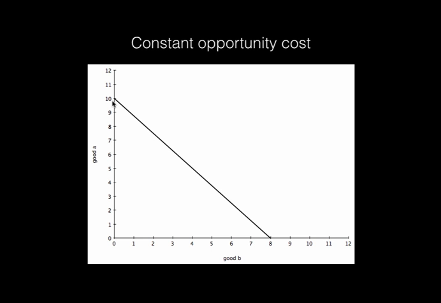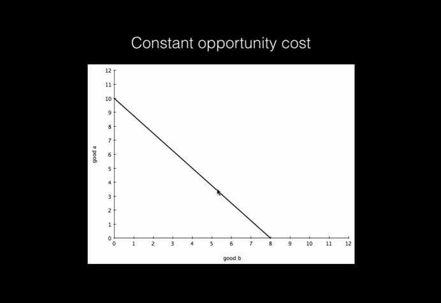Just to keep it really simple, I'll talk about trading off all of good A. If I move from producing all A to all B, I'm going to give up 10 units of good A, and I'm going to get 8 units of good B. That ratio tells me the opportunity cost.